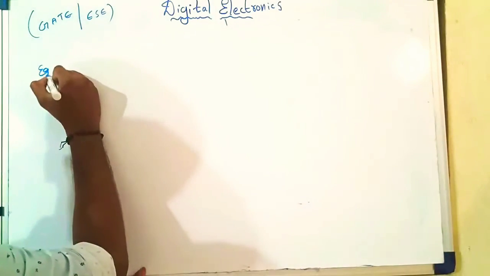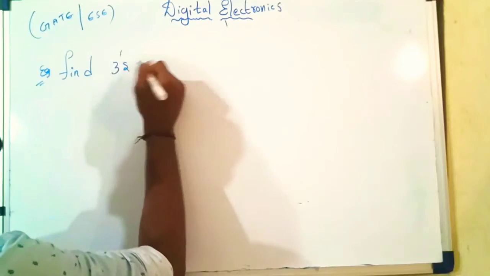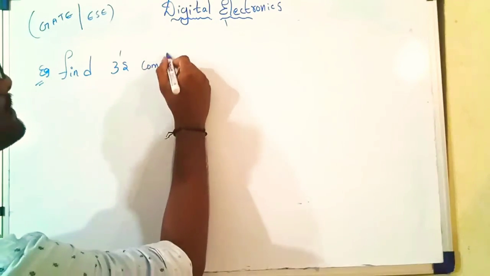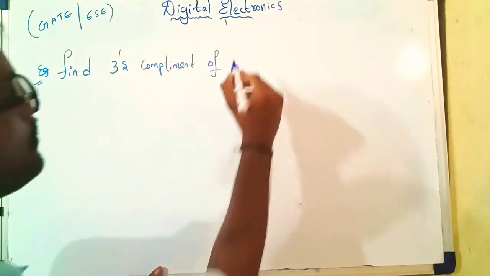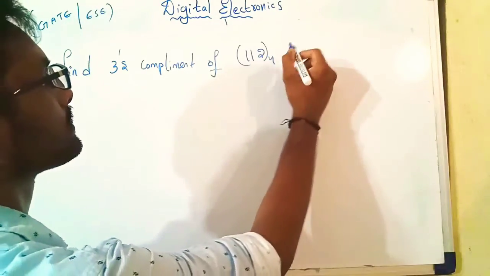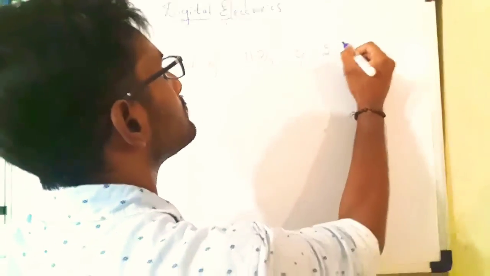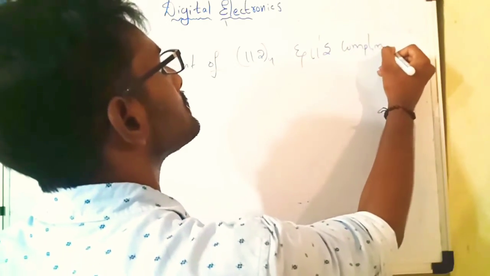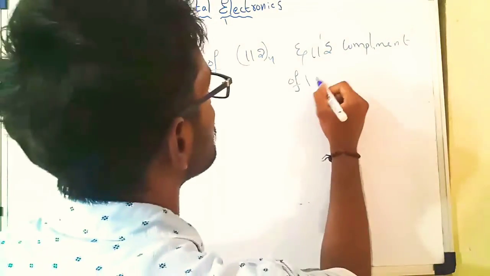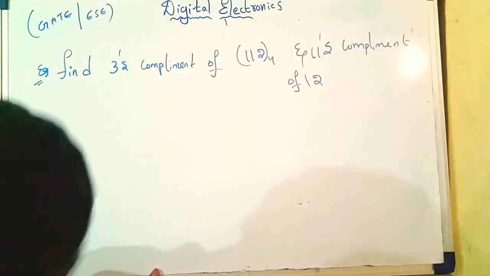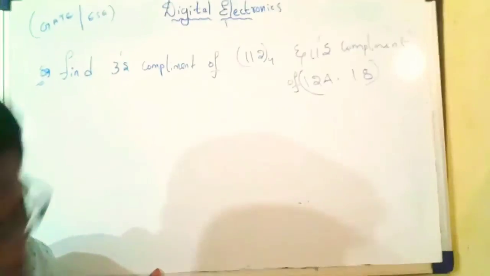Let us take another example. Find the 3's complement of 112 of base 4 and the 11's complement of 12A.18 of base 12.